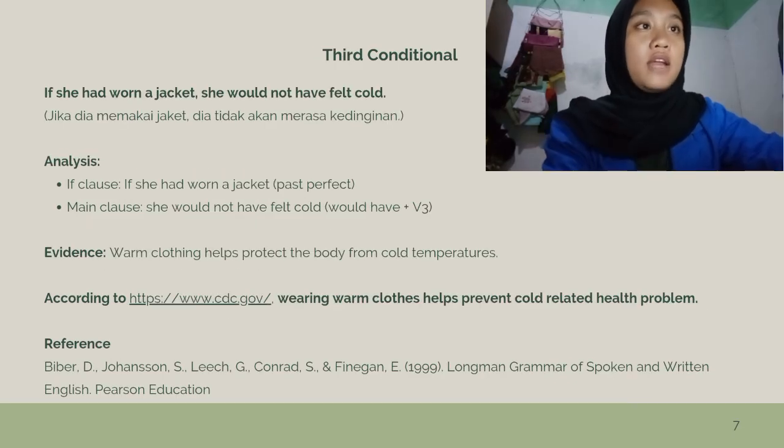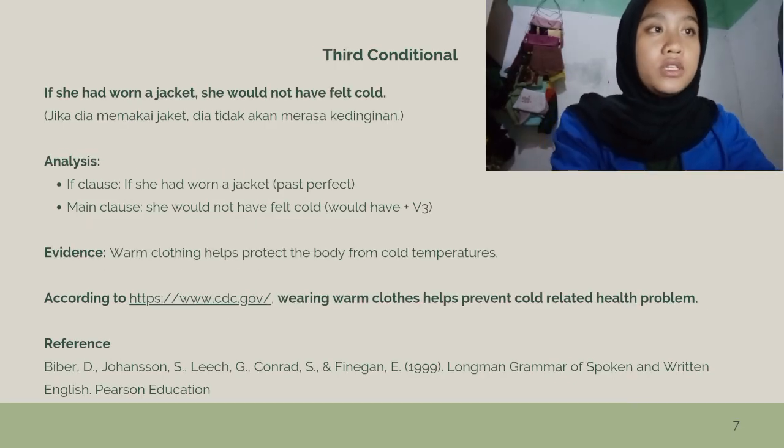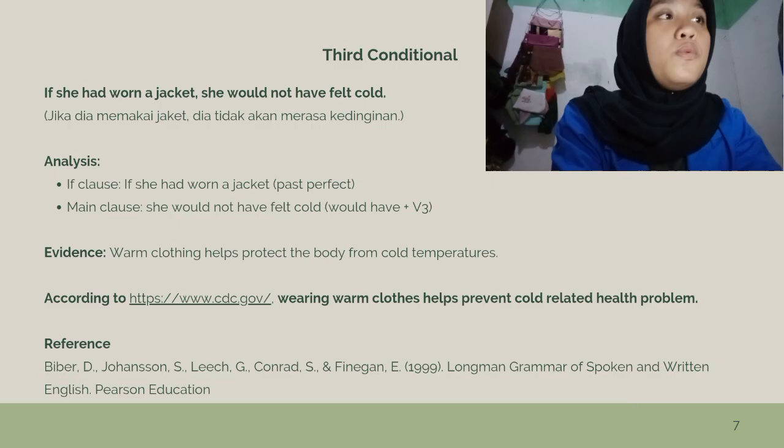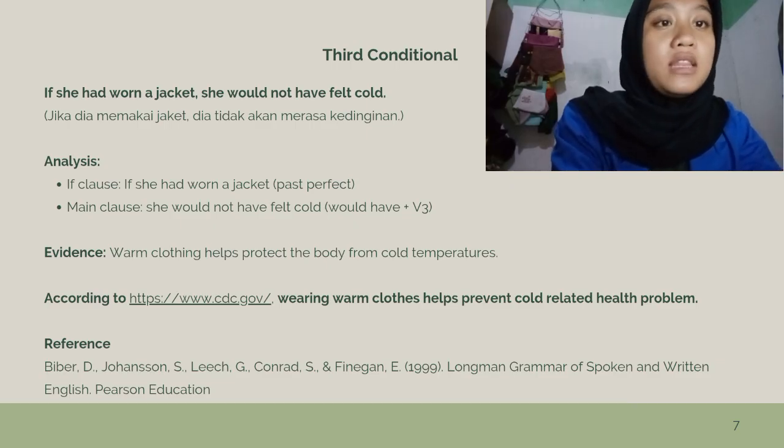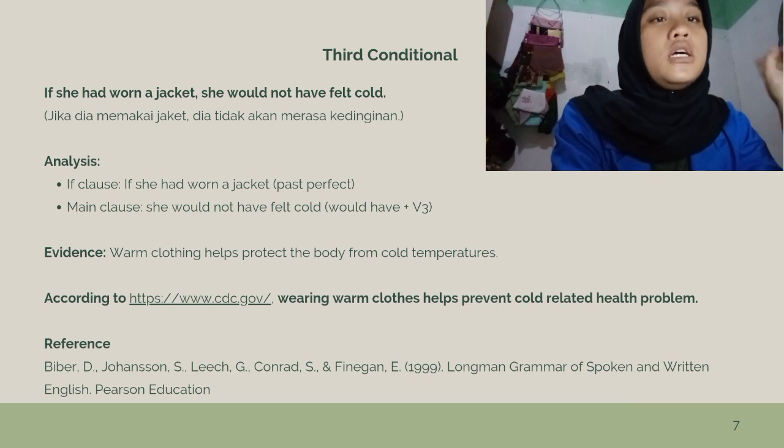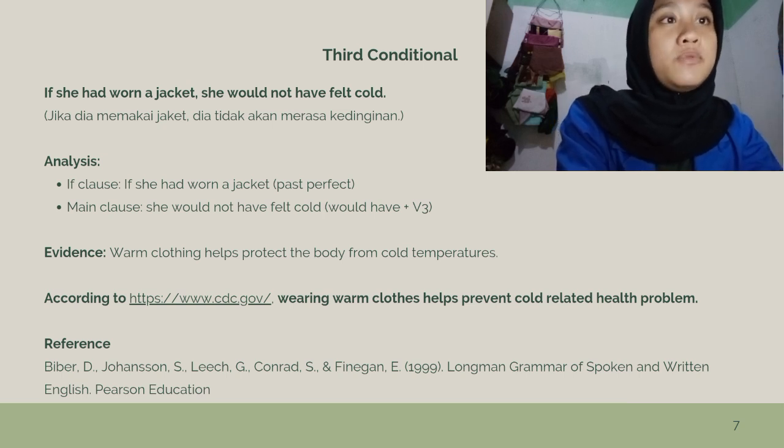Okay, the fourth and final type is third conditional. The example is: if she had worn a jacket, she would not have felt cold. The if clause is if she had worn a jacket, which is past perfect tense. The main clause is she would not have felt cold, which is would have plus verb 3. We use third conditional to talk about past situations that did not happen and to express regret.